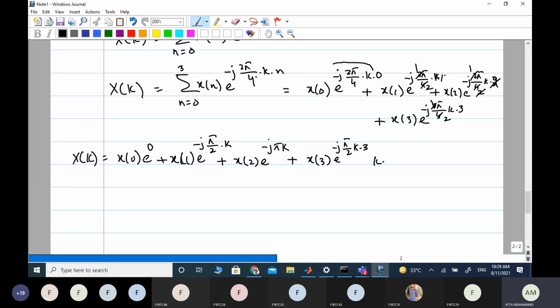Our k is from 0 to N minus 1. In this case N is 4, so N minus 1 is 3. So we have to compute k from 0 to 3.